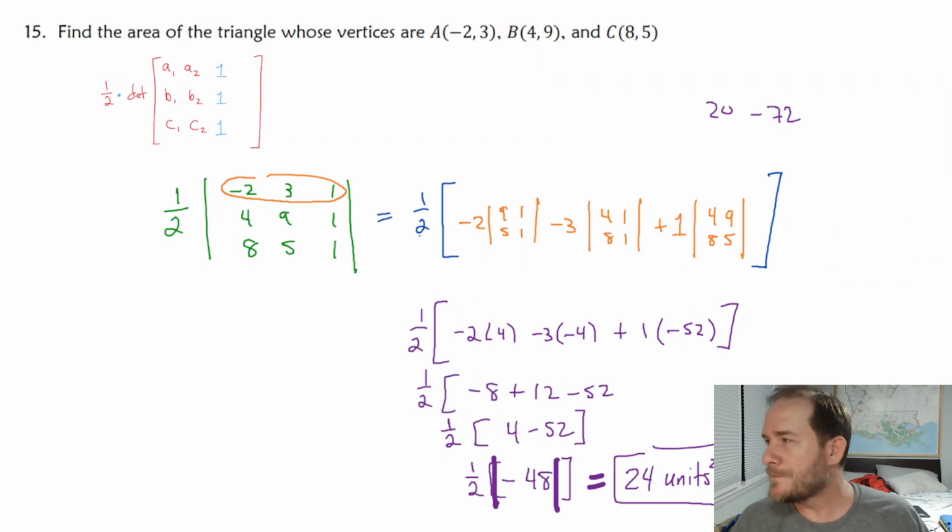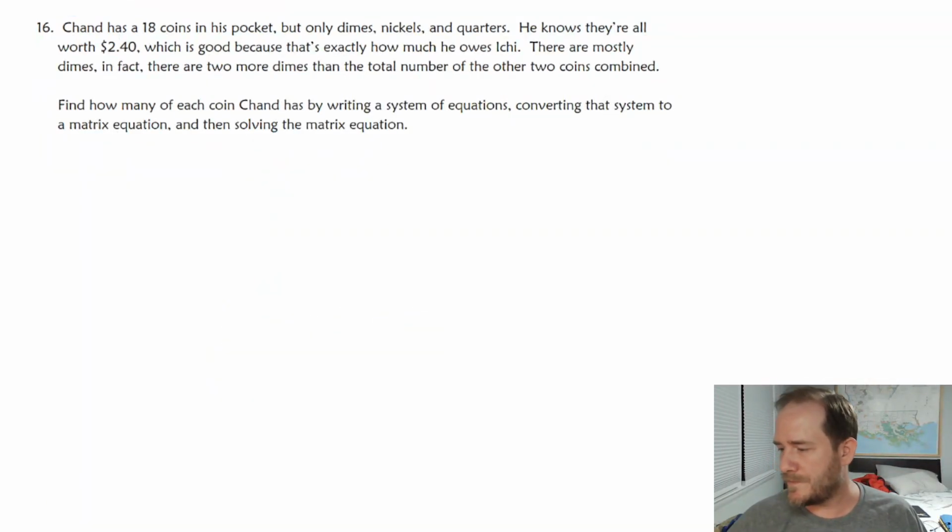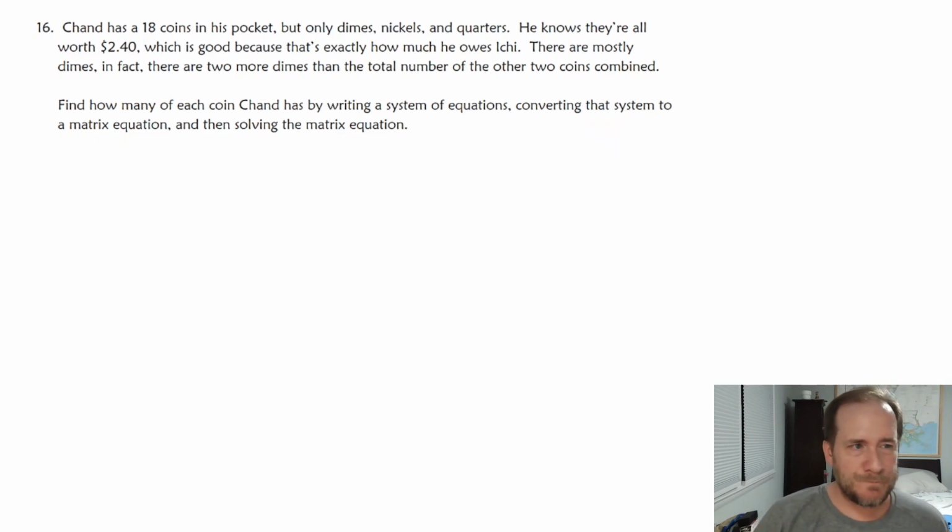Moving on. Finally, it's time for Chand. I'm thirsty. How old's this water? Not bad. Okay. It says Chand has a whole mess of coins in his pocket, 18 in all. But only dimes, nickels, and quarters.